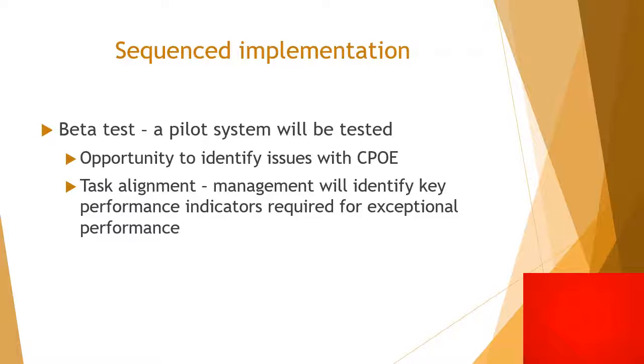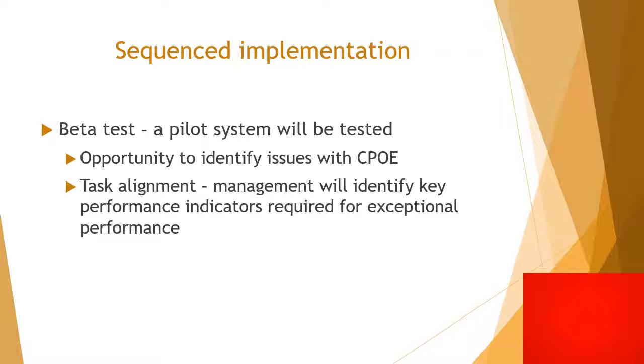So we'll talk a bit here about what is sequenced implementation. So first, we're going to use what we call a beta test. It's a pilot system that's going to be tested. A pilot CPOE system will be tested. So we're not just going to, of course, immediately start using CPOE. That would lead to probably even more errors, as we've seen in other situations. So the existing system will be maintained as we introduce a beta test.